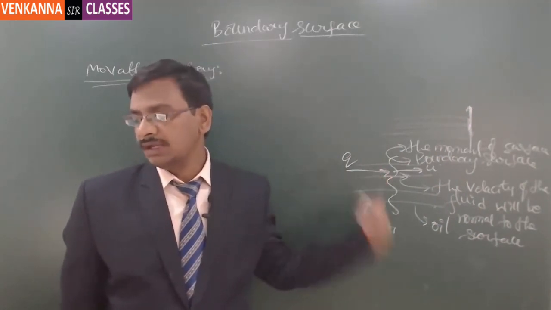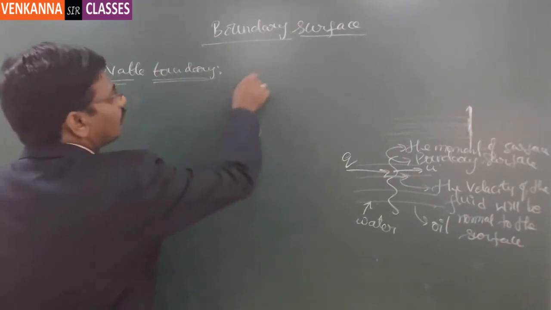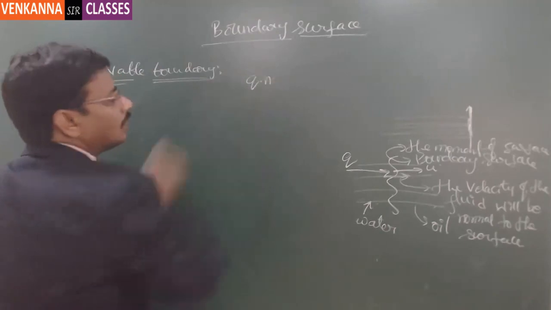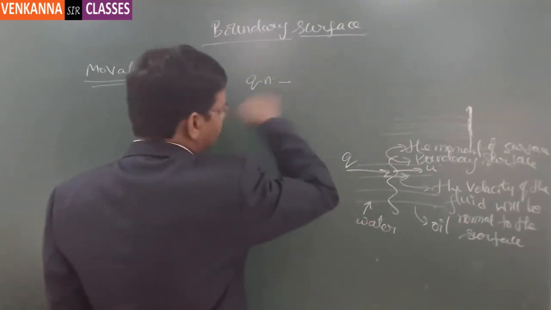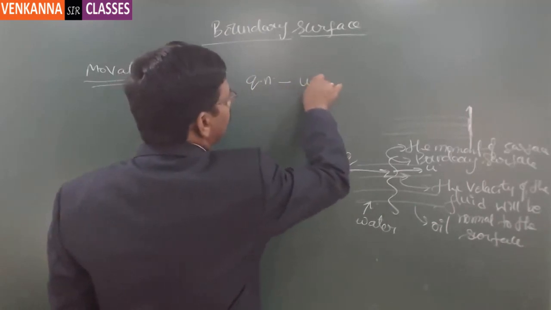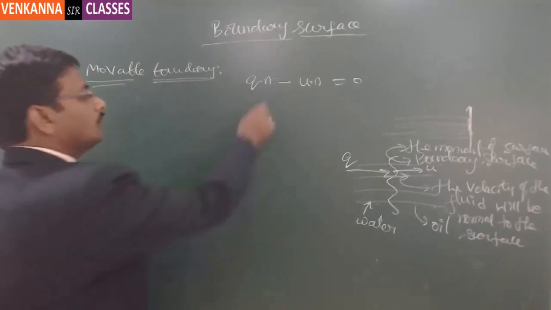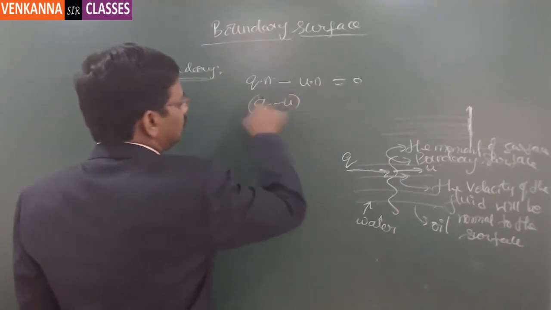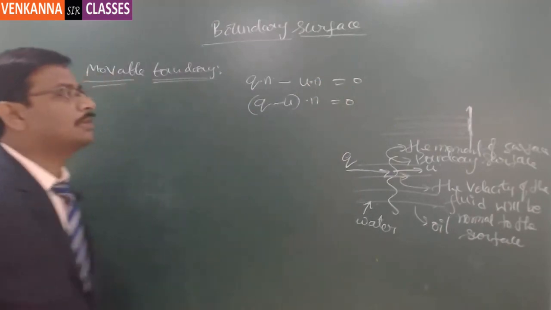Then ideally, as per the continuity equation, both should match. So the normal component of fluid velocity is q dot n, and the normal component of the surface velocity is u dot n. These should be equal, or q minus u dot n is equal to 0. So this is the fundamental condition.